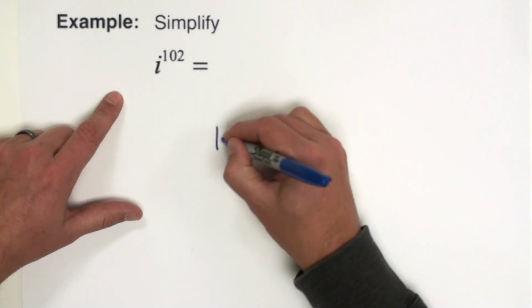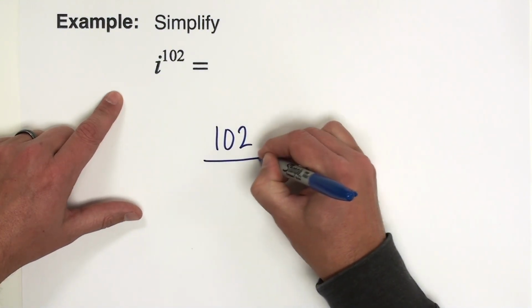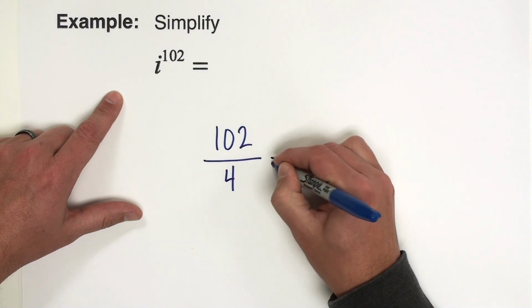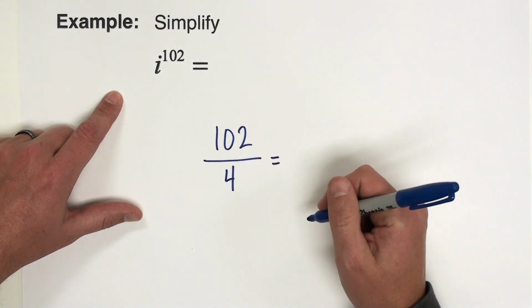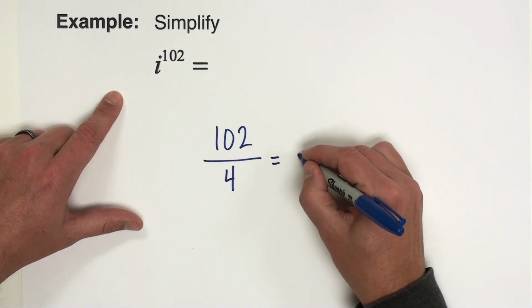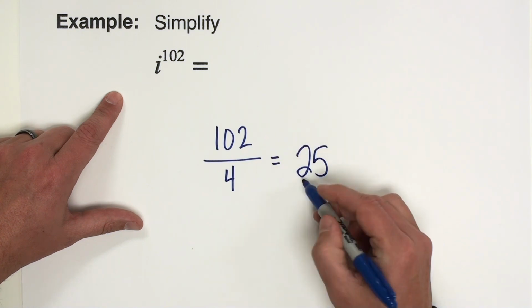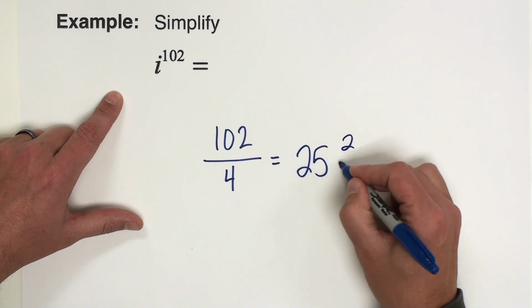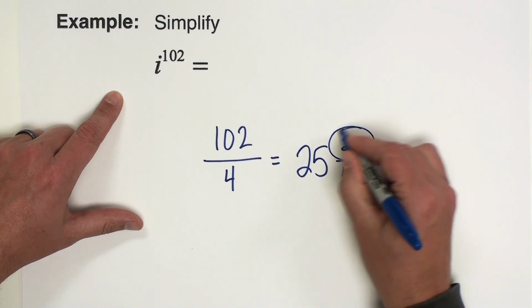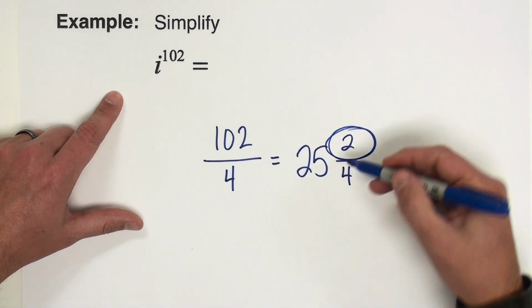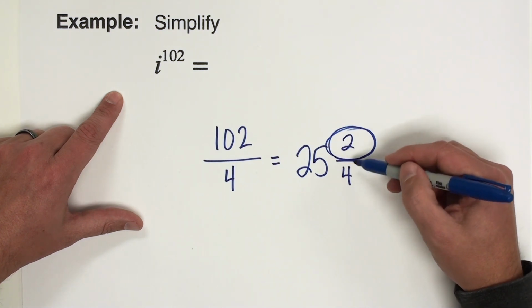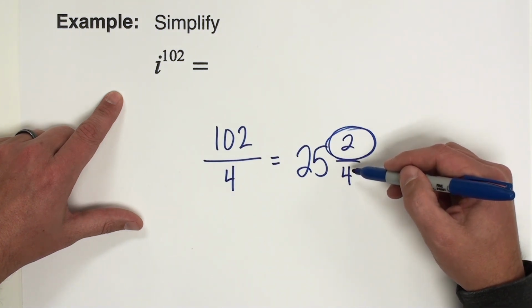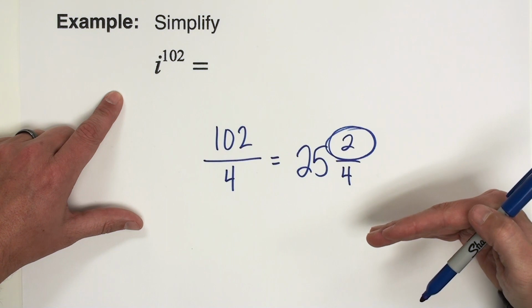So if I take 102 and divide it by 4, well, 4 goes into 102 25 times, because 25 times 4 is 100, and that would leave me with 2 over 4 left over. I know that's reducible, but reducing it might confuse me as to which of the original 4 powers of i I want.